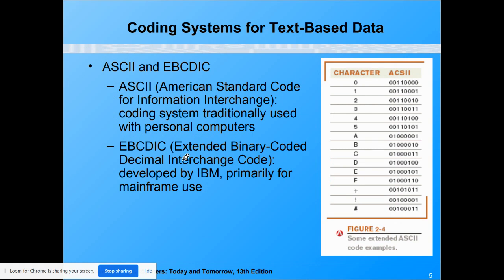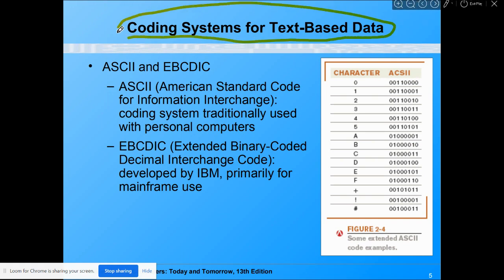Okay, so we have the ASCII coding system. This is how the data is represented so the computer can understand it. In what way is it represented? It is either in the form of ASCII, EBCDIC, or Unicode. ASCII is the American Standard Code for Information Interchange.